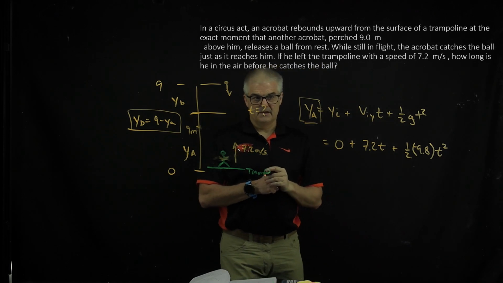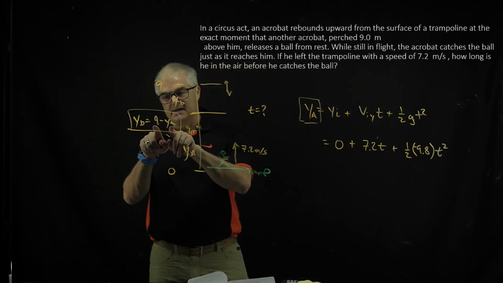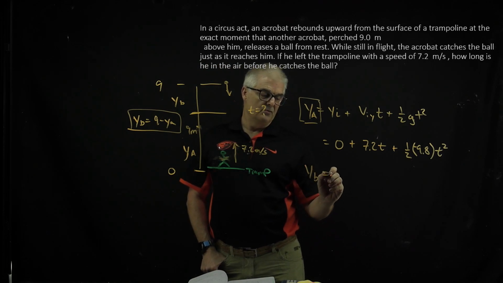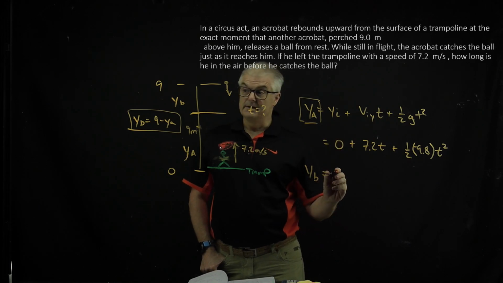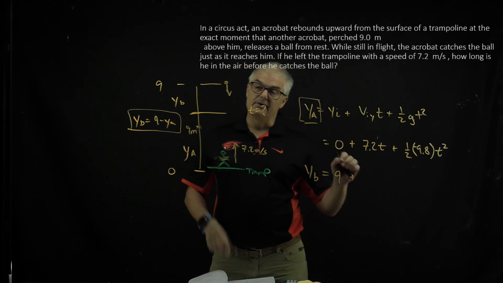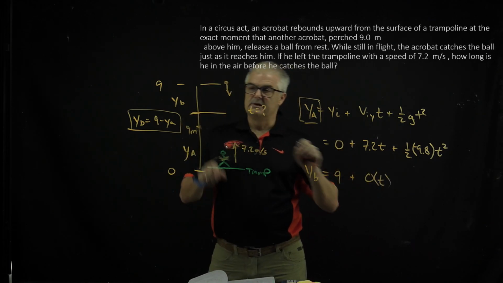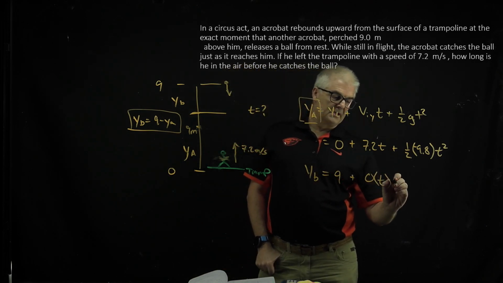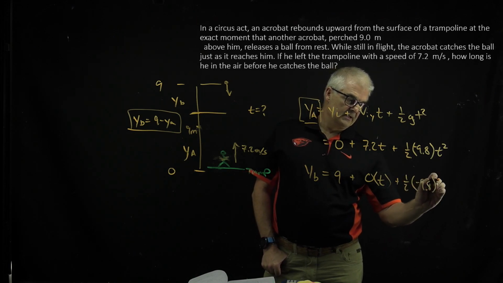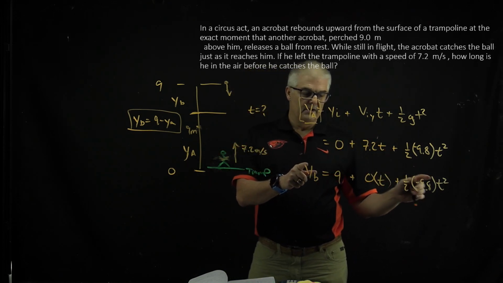And then YB, what's YB? Remember, YB is 9 minus YA. Let's write it this way. YB is equal to, what's its initial height? 9, right? It's starting at 9, plus 0 times t because it's starting with no velocity, plus 1/2 times negative 9.8 times t squared. So we want to have the right height.